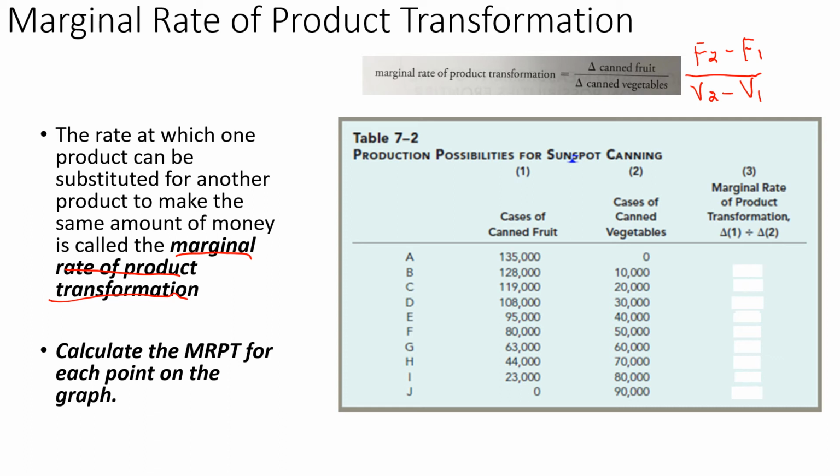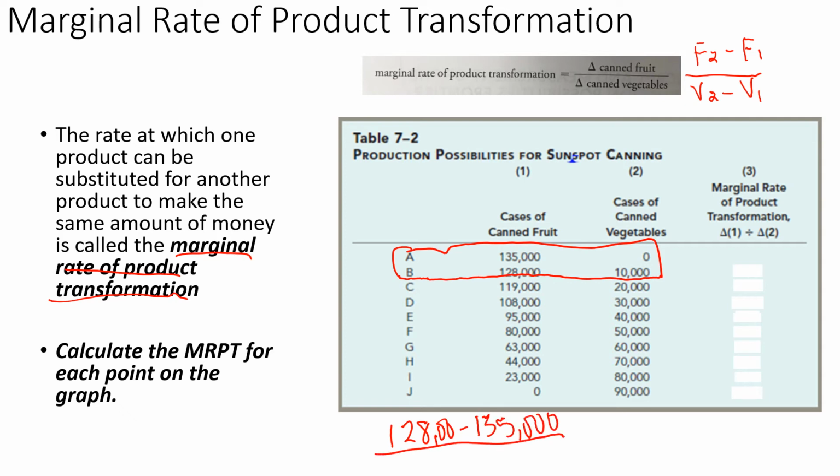So given these, we'll do a couple of these together. I'm going to grab my calculator. So for this first one, if we're trying to find the marginal rate of product transformation between points A and B, the change in fruit, so fruit at point 2, we have 128,000 minus 135,000, divided by vegetable 2, which is 10,000, and vegetable 1, which is 0.